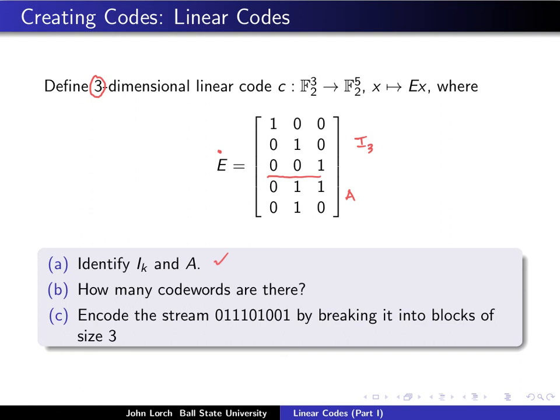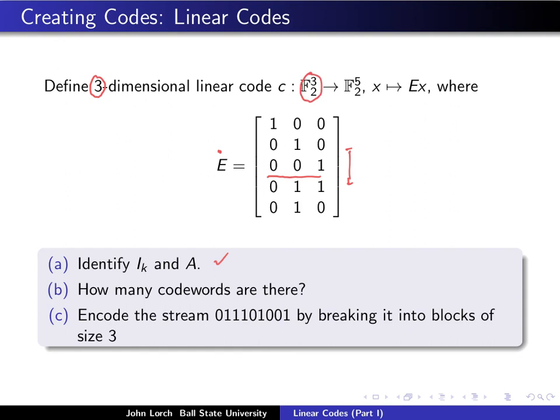And then we're asked, how many code words are there? Well, remember, the code words are the set of all linear combinations of the columns of E. If you don't want to think about it that way, you can think about it in terms of matrix products. How do I get a code word? I would encode a string of length 3.